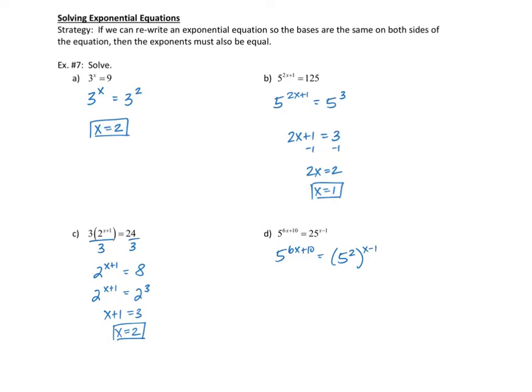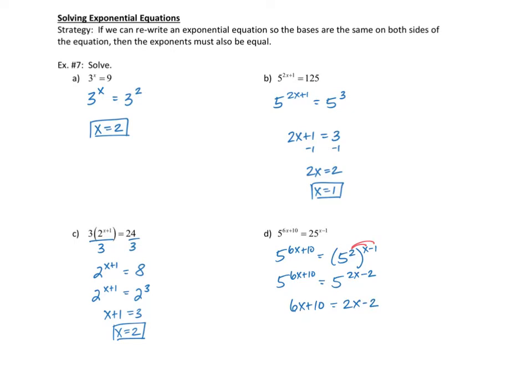When you have a power raised to another power, we're going to multiply those exponents together. So this becomes 5 to the 6x plus 10 is equal to 5 to the 2x minus 2. Then set your exponents equal to one another. So 6x plus 10 must be equal to 2x minus 2.